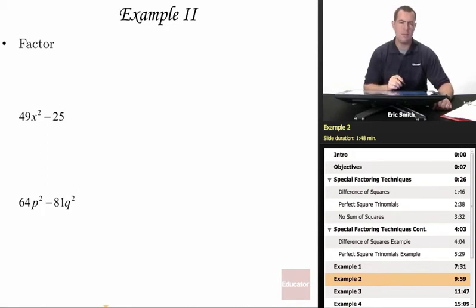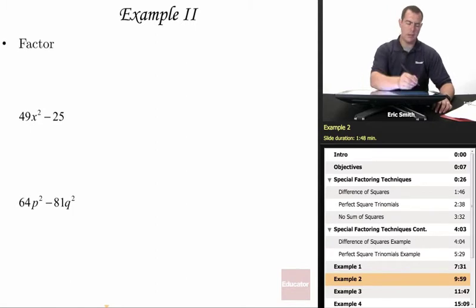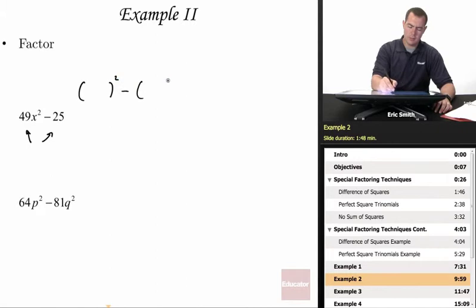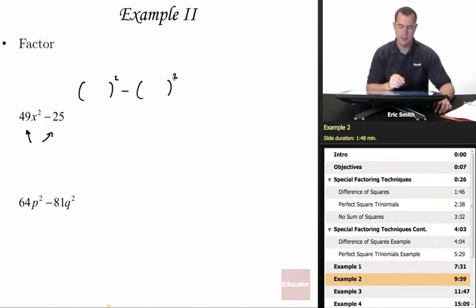All right, let's try a few more that involve, again, the difference of squares. This first one, we have a 49x squared minus 25. So we want to think of it as something squared minus something squared. Let's see, two numbers that will multiply and give me my 49. Well, that must be a 7.